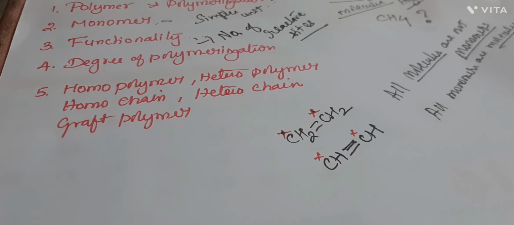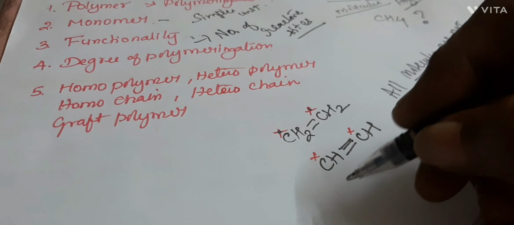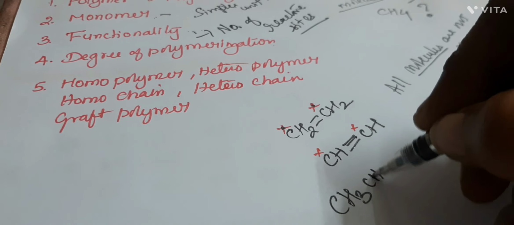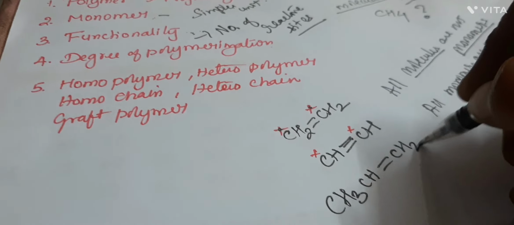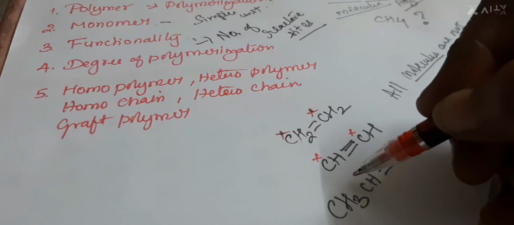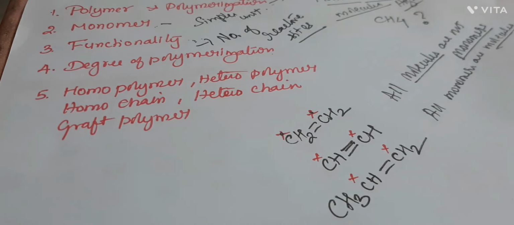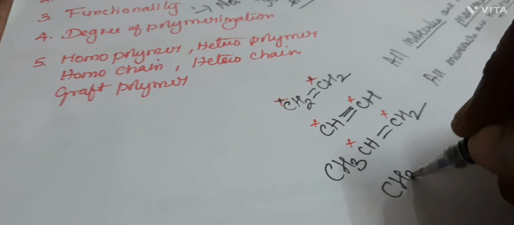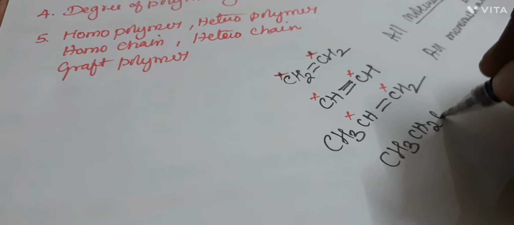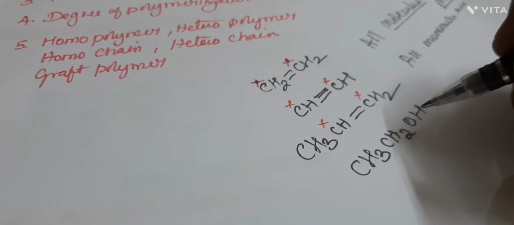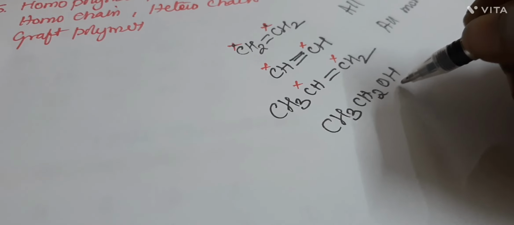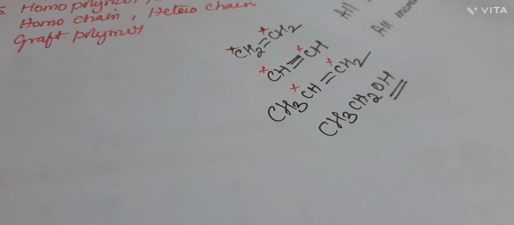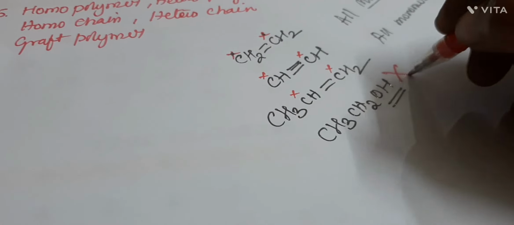Bifunctional. And if you take propylene also, CH3, CH double bond CH2, the reactive sites are this carbon and this carbon. If there is a functional group, for example ethyl alcohol, the reaction can occur at the OH. The functionality is 1. So ethyl alcohol cannot undergo polymerization.